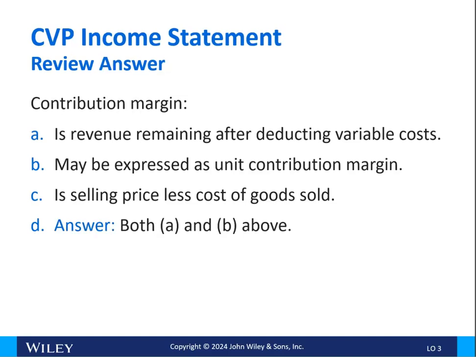So it's the revenue remaining after deducting variable costs, and it may be expressed as a unit contribution margin. Selling price less cost of goods sold is gross margin. We see that on a traditional or GAAP income statement, not on the contribution margin statement or the CVP income statement.